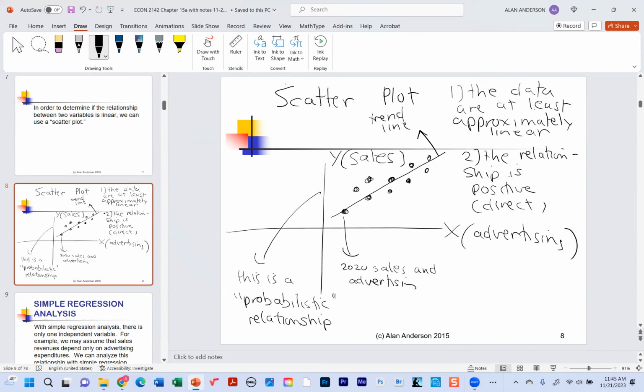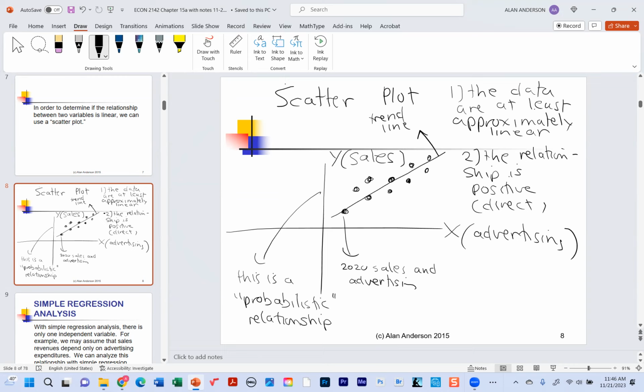Meaning that it's not perfect like the deterministic relationship. Now, that will cause complications, of course, but we will try to account for them with our regression analysis, the fact that these points are not all right on the line. But what we're trying to capture is the general, the core relationship between X and Y.